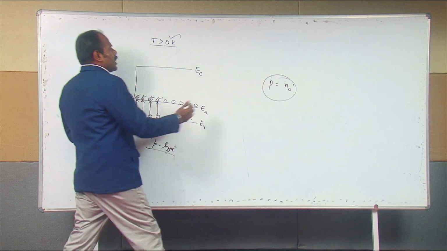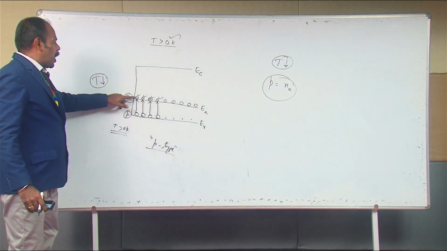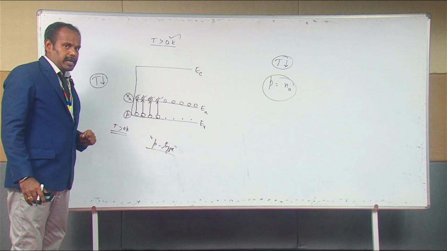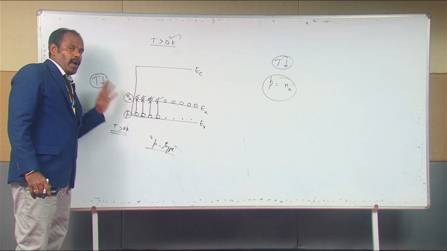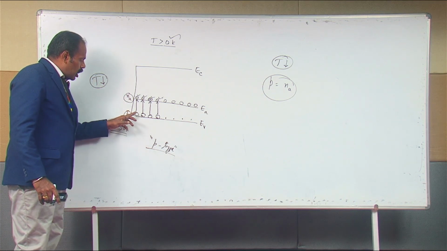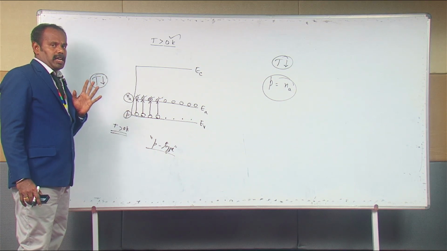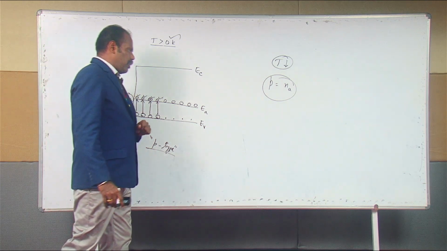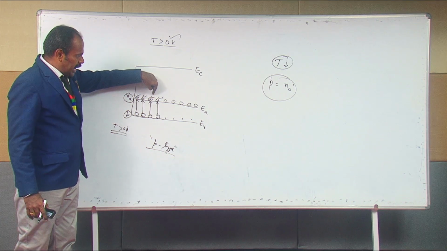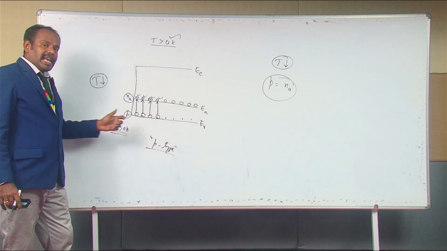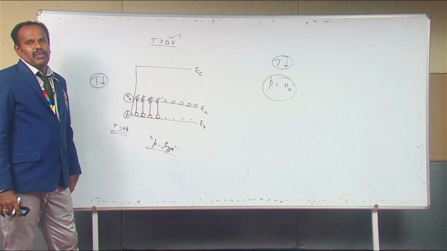Because at the lower temperature we can be very sure that if an electron has occupied an acceptor site at the acceptor energy level, that electron has to come from the valence band. If an electron comes from the valence band, a hole is created in the valence band. So at the lower temperature, the number of negatively ionized acceptor atoms in the acceptor energy level will be exactly equal to the number of holes present in the valence band.